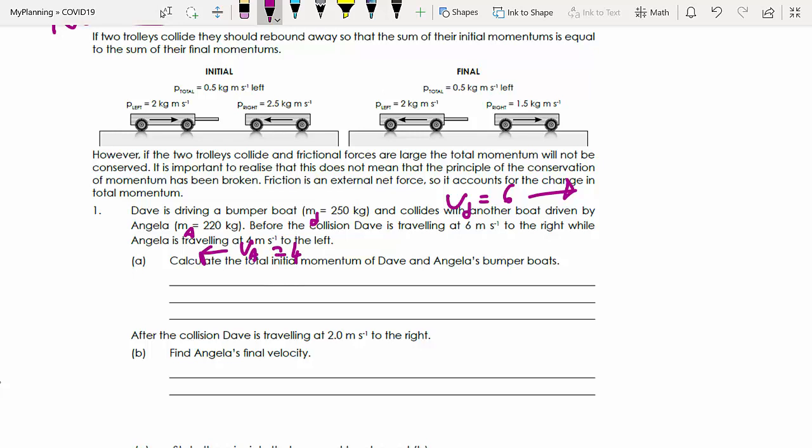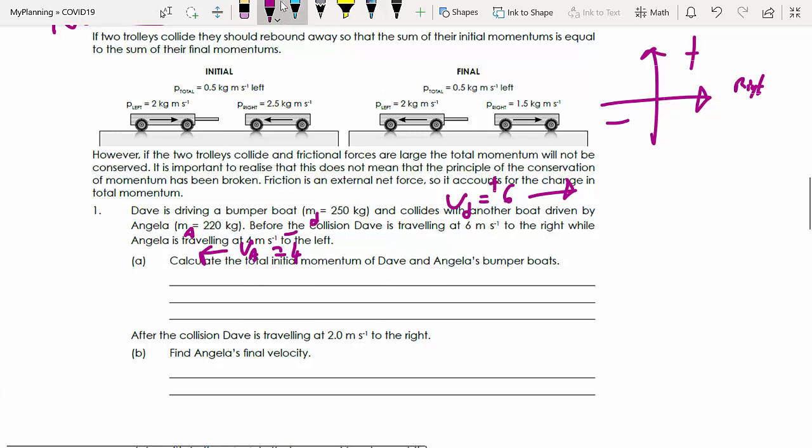Our typical convention is to have a plus and minus. If we drew a set of axes, you typically have the right being the plus quadrant and the left being the negative quadrant. So I'm going to call this one plus 6, and this one minus 4.